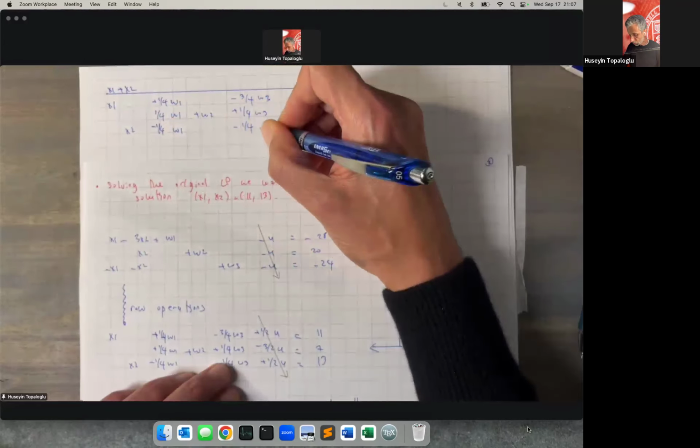Minus 3 over 4 w3, minus 1 over 4 w3. Add them up, minus w3. Multiply by -1 plus w3, added over here, that's going to be w3. On the right-hand side, 11 plus 13, it's 24, multiplied by -1, minus 24. In the objective function, we have minus 24. Write the constraints as they are.